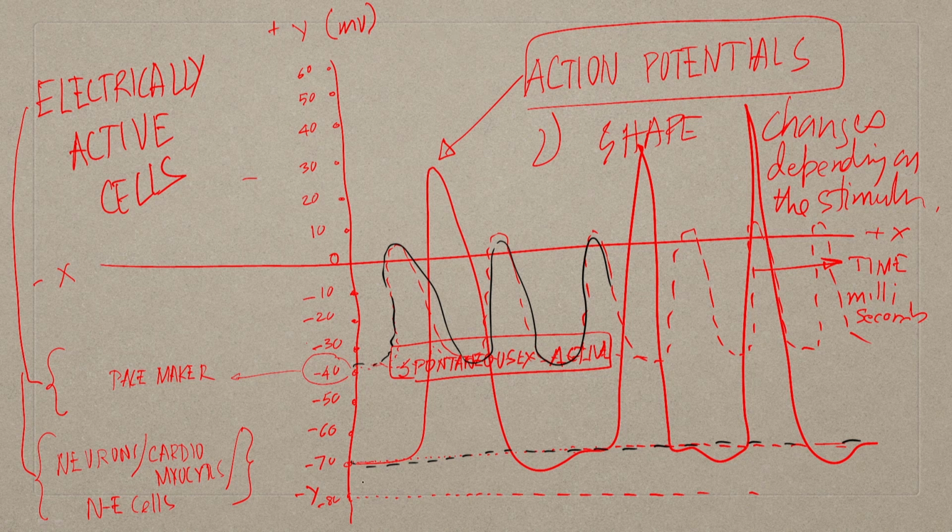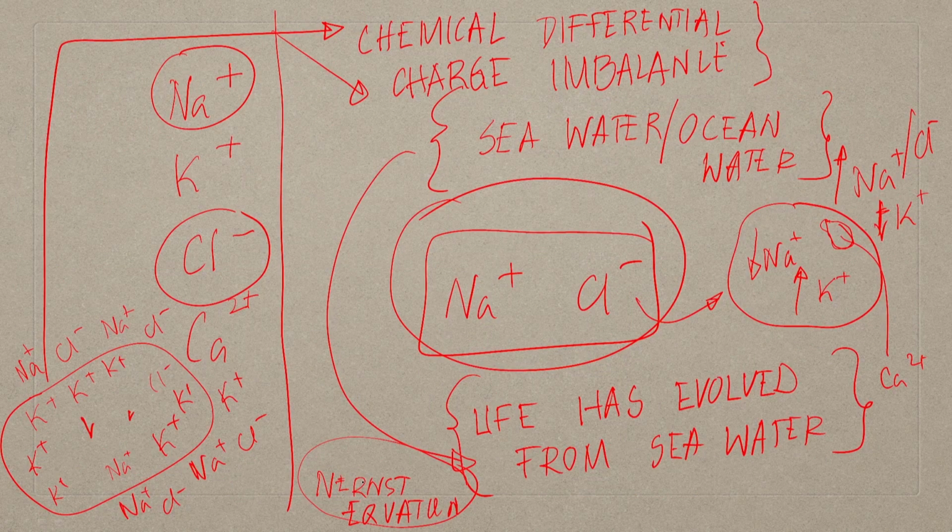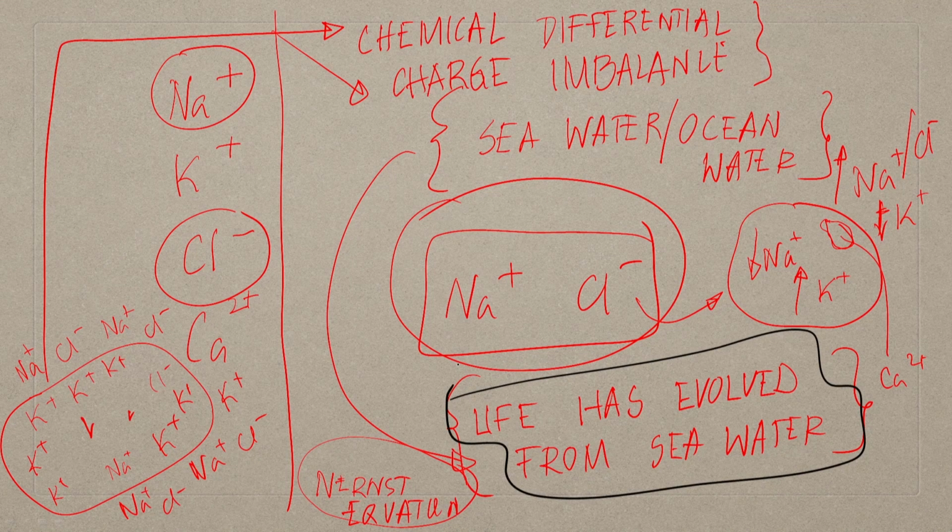Now the question where I left the last class was, of course, there is one more point I discussed: why inside the cell there is less sodium versus outside, because we all believe that life has evolved from seawater. Of course, that opens up a curious question, why seawater is so saline.